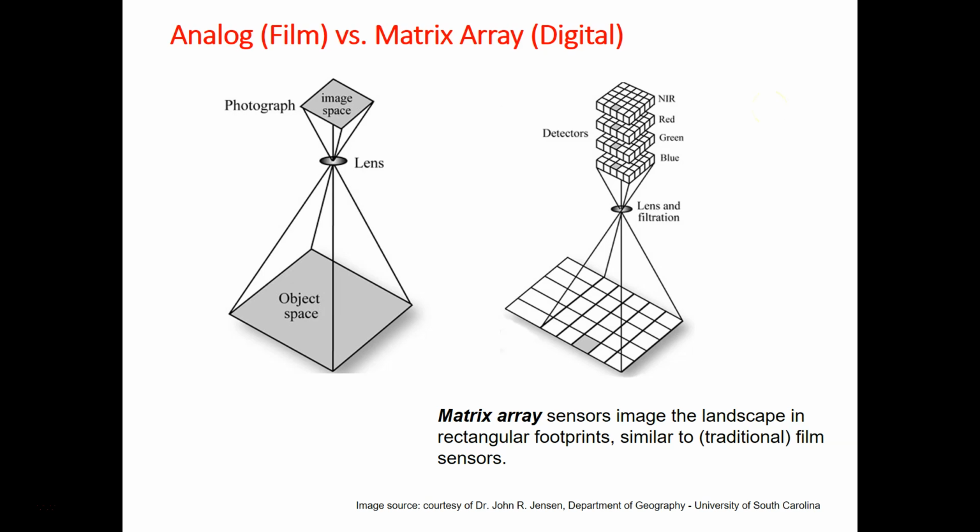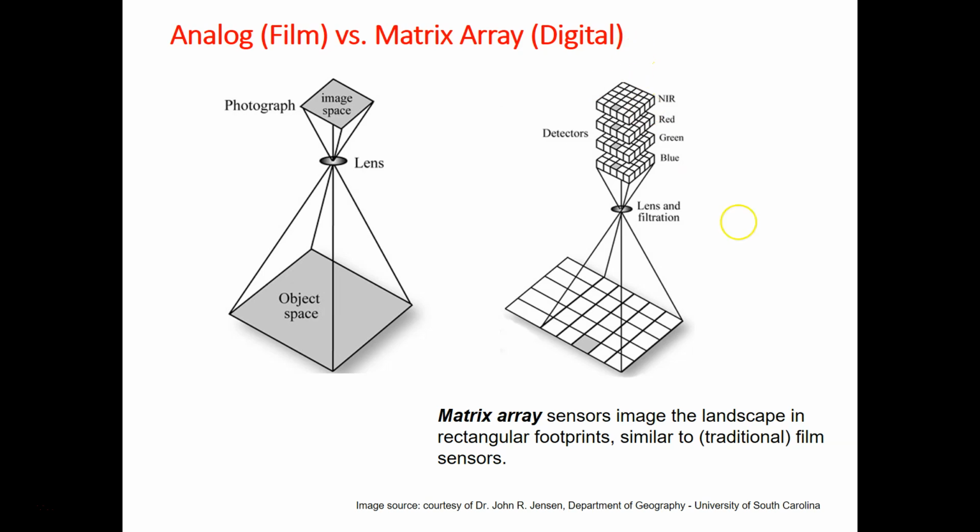The cameras that are mounted on airplanes usually also collect near infrared imagery. That is imagery that's close to the red band, but something that we cannot see anymore. That's why it's called near infrared.